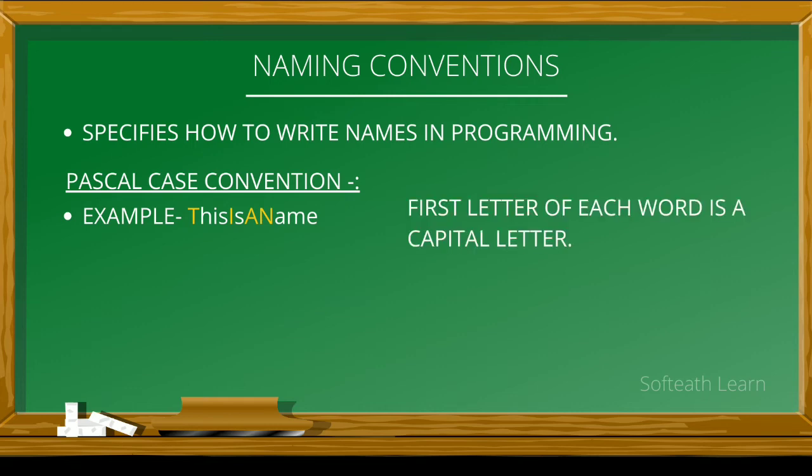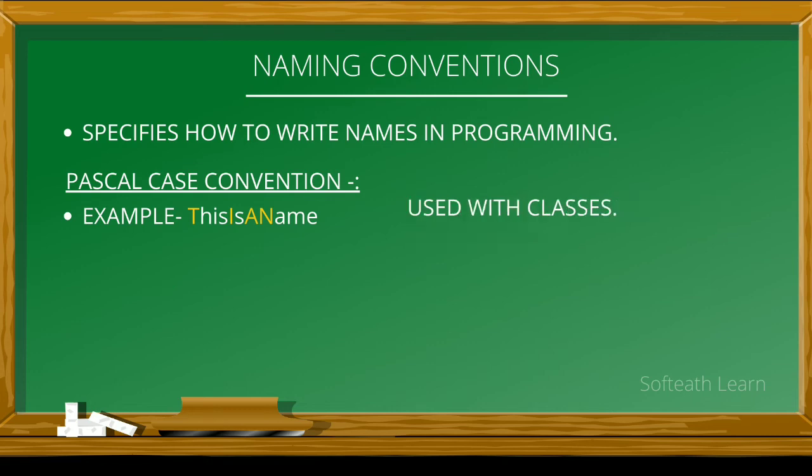So this will be a capital T, and is will be a capital I. Then we have a name, so A is a capital A and N will be a capital N. So the first letter of each word is a capital letter. This convention is used with classes in Java, so we will name our classes in Pascal case convention.